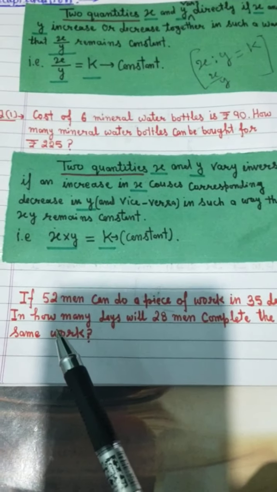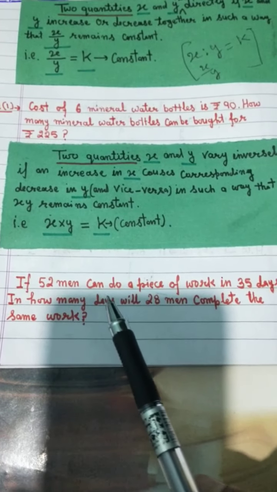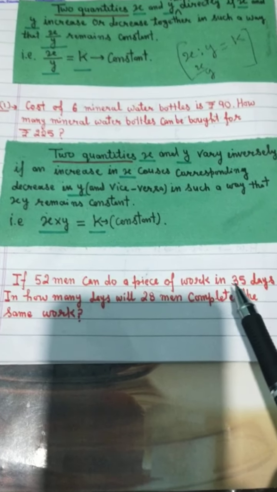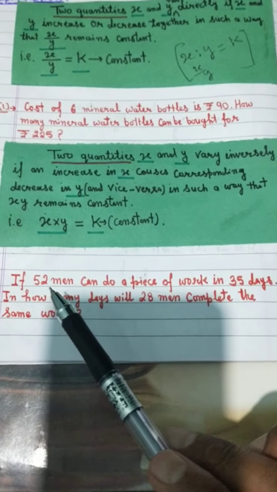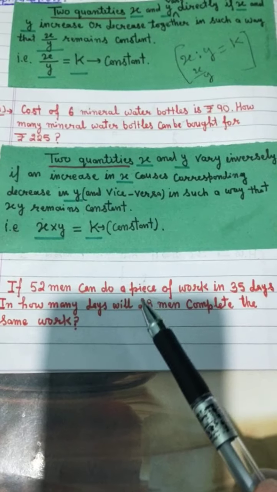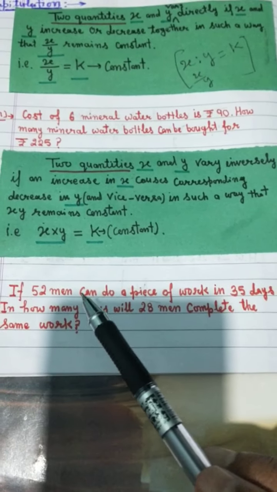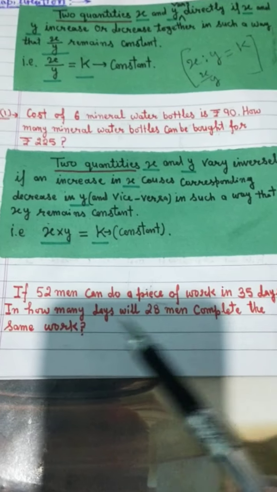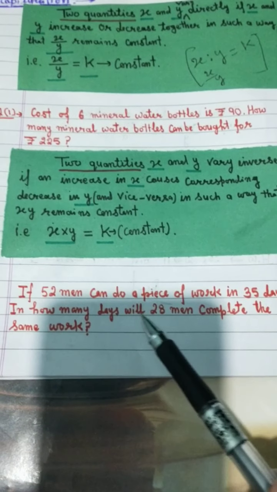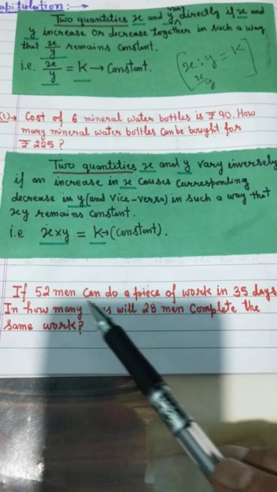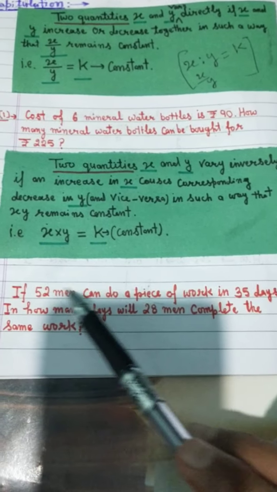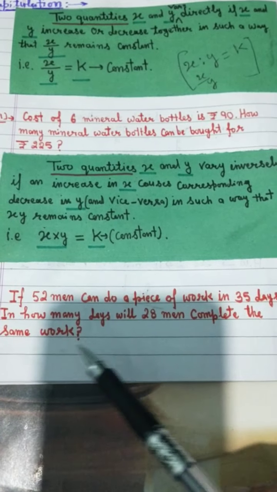Now the second question: if 52 men can do a piece of work in 35 days, 52 men can finish the work in 35 days. In how many days will 28 men complete the same work? Now here the number of men will be reduced.